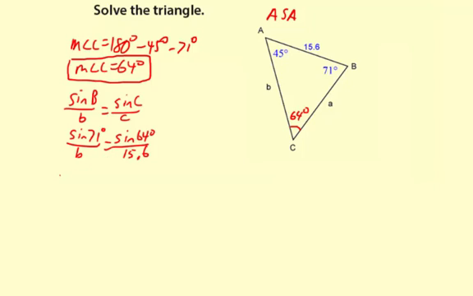So cross multiplying, we're going to have B times the sine of 64 degrees equals 15.6 times the sine of 71 degrees.